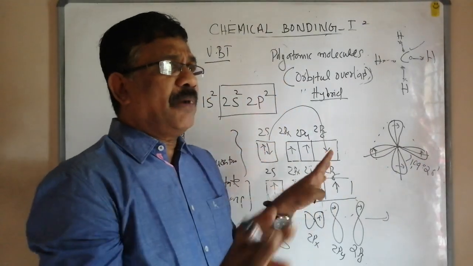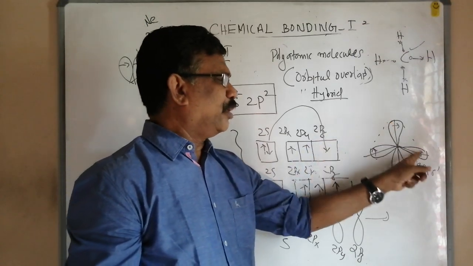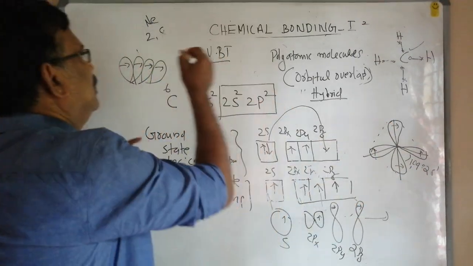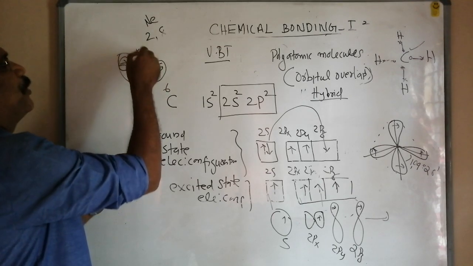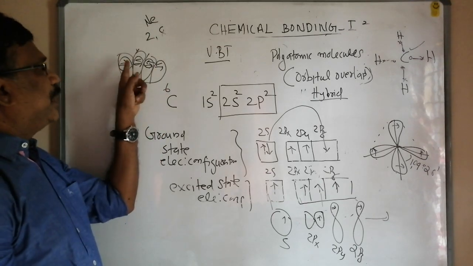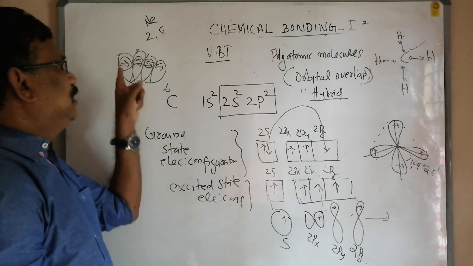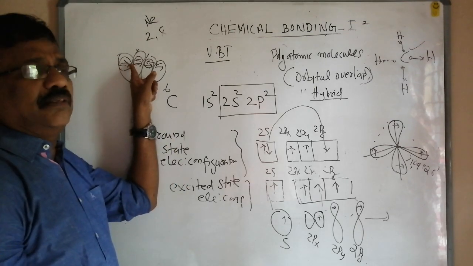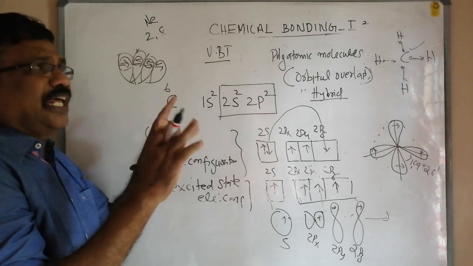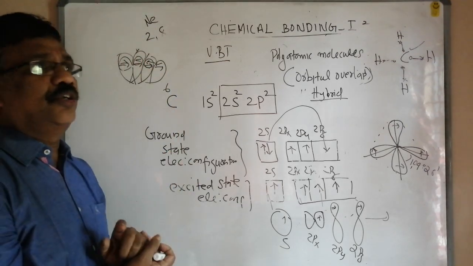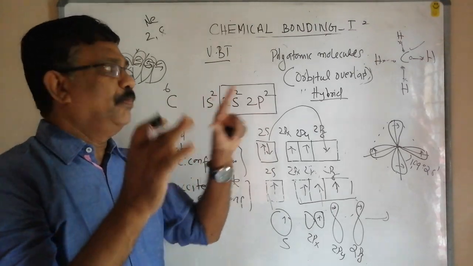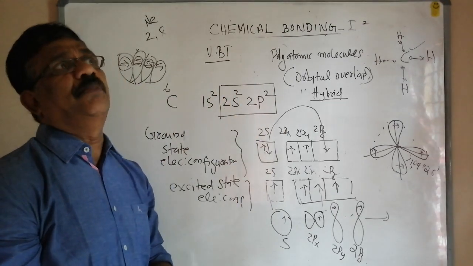When the 4 H atoms approach, these 4 orbitals become paired, so bond pair to bond pair repulsion takes place. This pair repels this pair. If these orbitals were arranged like petals in a flower, they would undergo Coulombic repulsion and the methane molecule would become highly unstable.